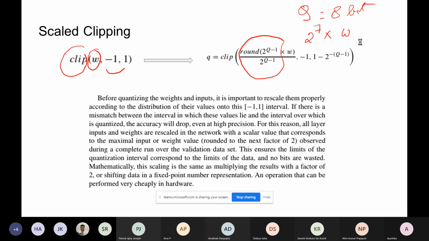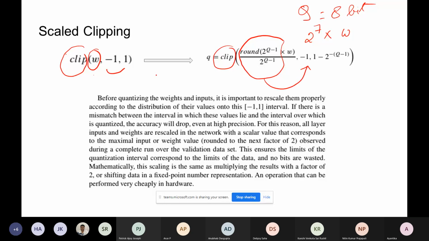And you can always check this: if you apply Q equal to 1 here, 1 minus 1 is 0. So basically this is the same as rounding off this W, and that way you can get your values within this particular range when you are applying the clipping algorithm.